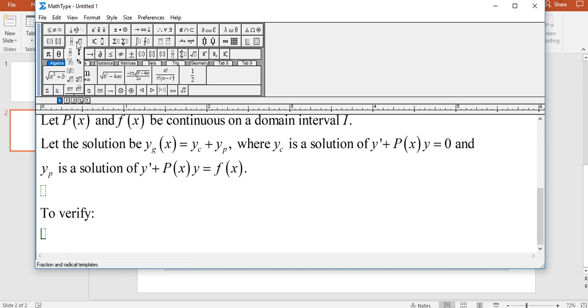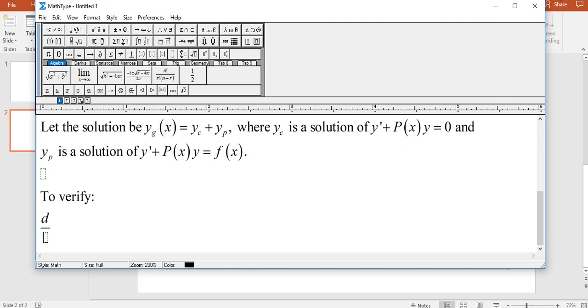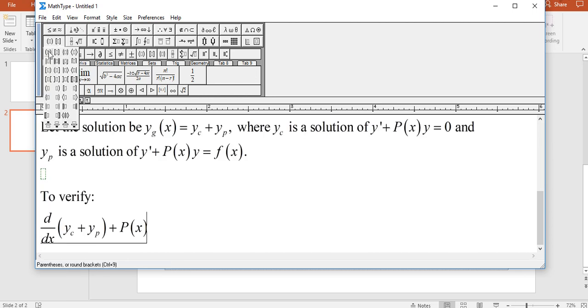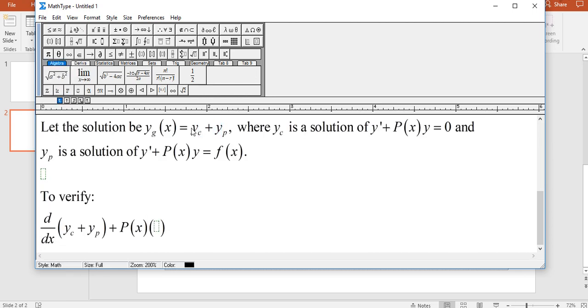What we're going to do is take the derivative with respect to x of our solution, which we claim is this, plus p of x times y, and we're saying y is these two added together, right?